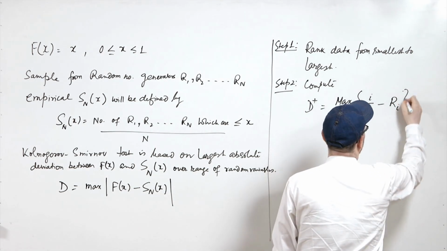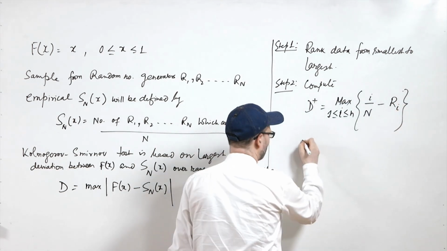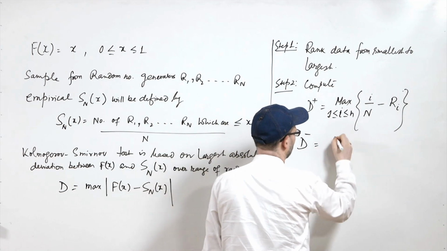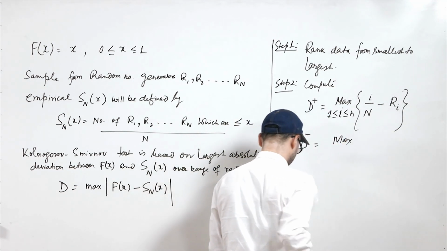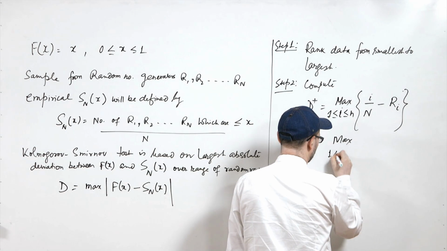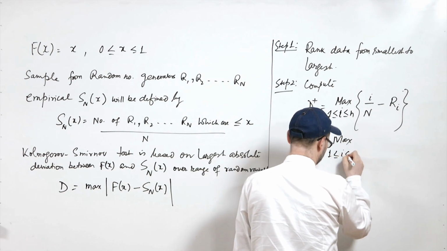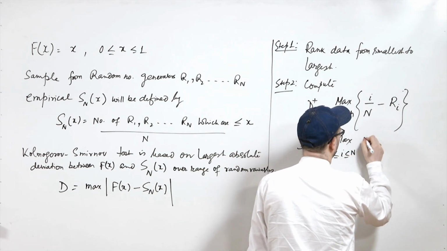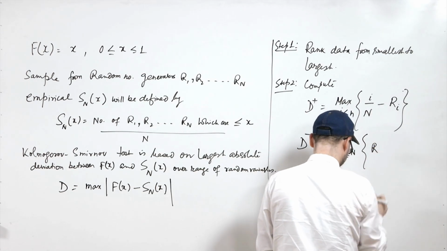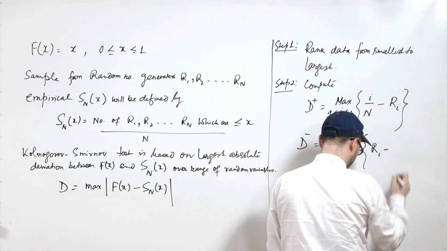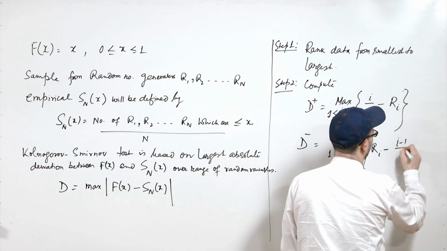And then you have d minus, that will be the maximum, again for i between 1 to n, of r_i minus (i minus 1) by n.